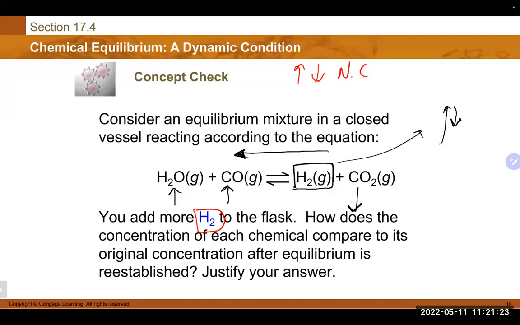But the overall trend, what you will technically see, is it should start coming back down. Ultimately, you may find yourself a little bit higher than what you started with because you added more of it. But it should definitely come up and then come back down a little bit as it starts reacting until once again it reaches equilibrium. Other questions?